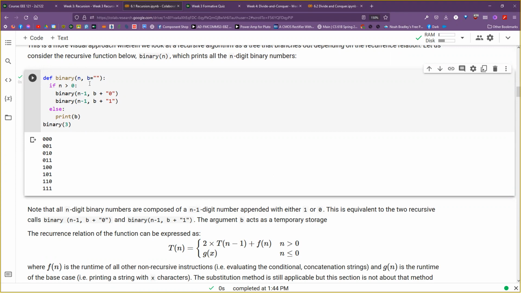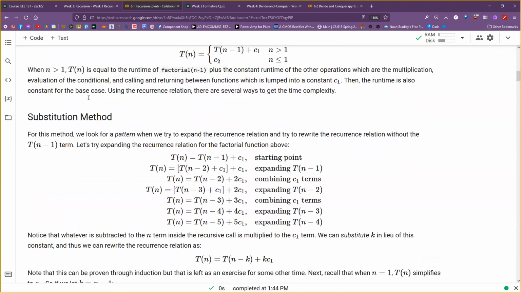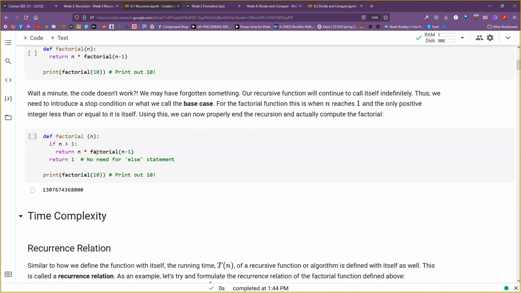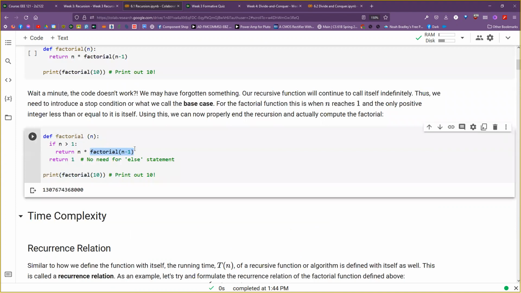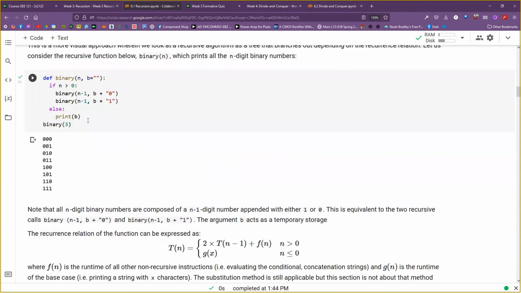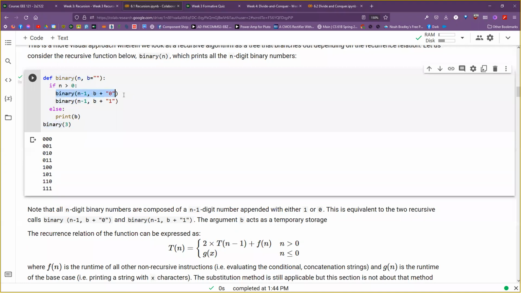That is how the technique, or the procedure, of our function works. Relative to our original factorial function, which calls itself only once, binary calls itself 2 times. One call attaches a 0, and the other call attaches a 1.